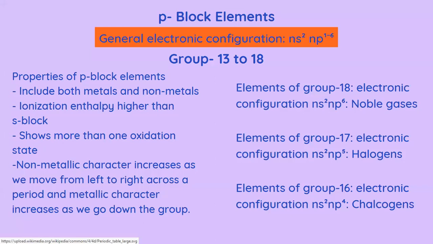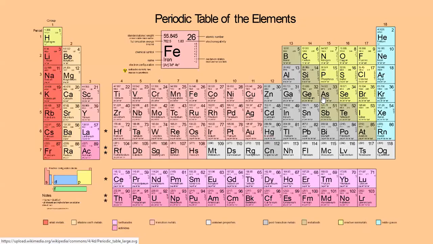Next, ionization enthalpy is higher than s block. Again, ionization enthalpy, we'll be discussing in the coming videos. It shows more than one oxidation state. So this basically means that the number of electrons that each of these elements can lose is not fixed. For example, if I talk about lithium, sodium, potassium, I can tell you that it can only lose one electron, that is the ns electron.